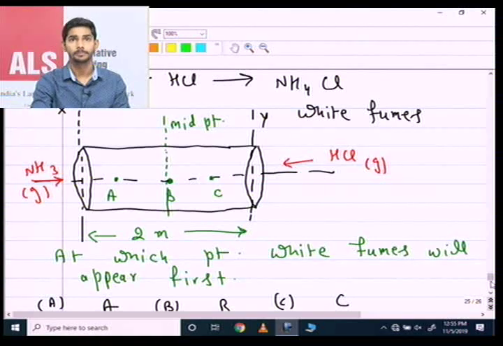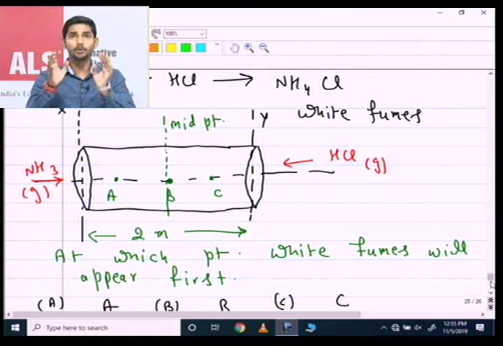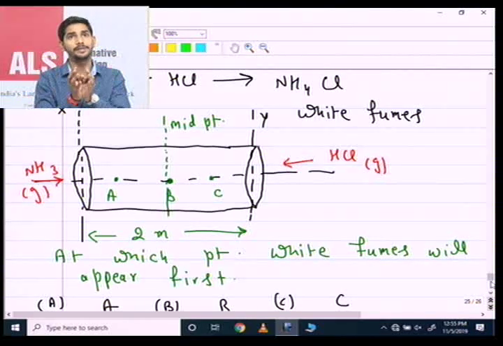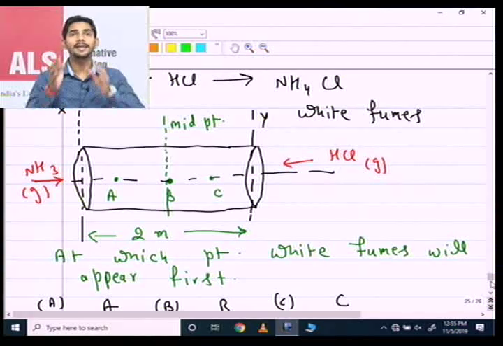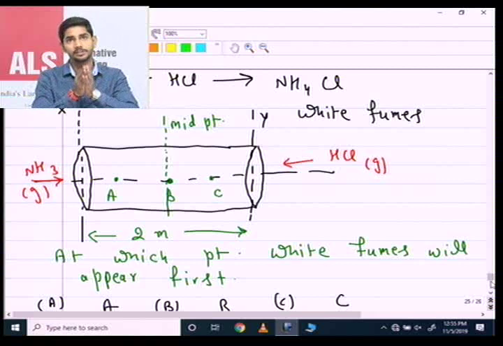Okay? If both have the same masses, guys, try to understand that it means they both will travel the same distance in the same time. At that time, they will exactly meet at the middle point, which is the midpoint.